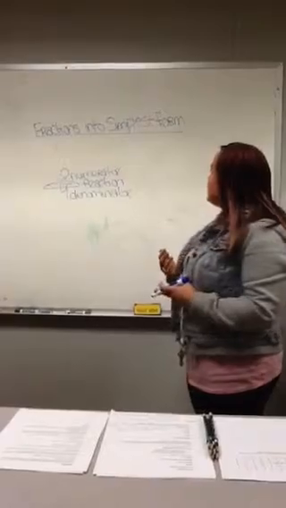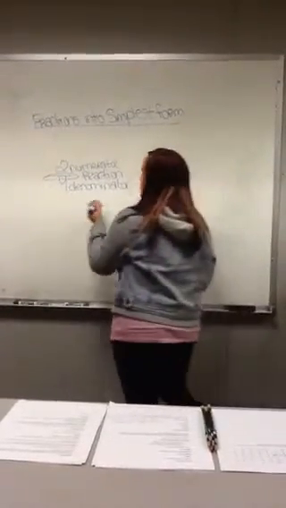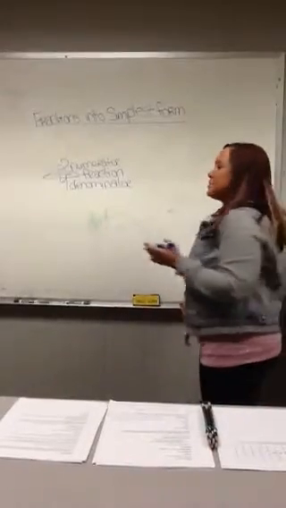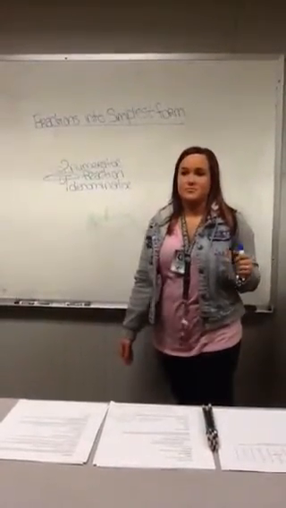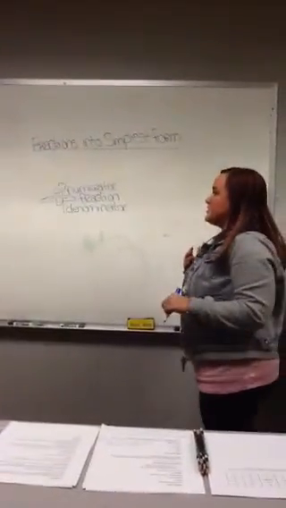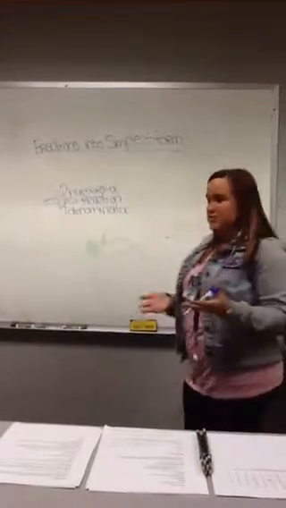When I say simplest form, we look at the greatest common factor. Do you know what a greatest common factor is? The biggest number that they can both be divided by. Right, yes. The number that both numbers can be divided by, and it's the same.